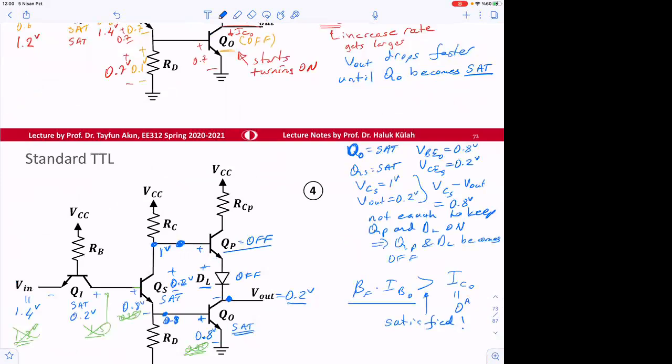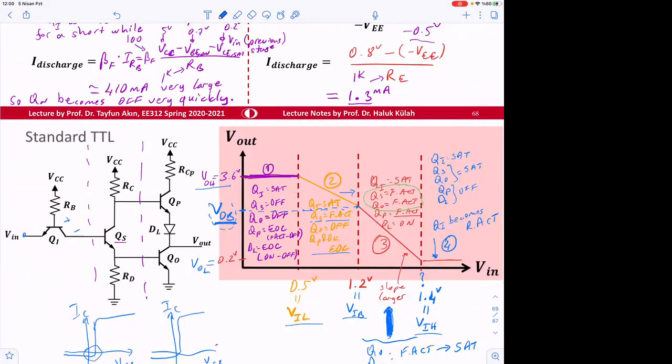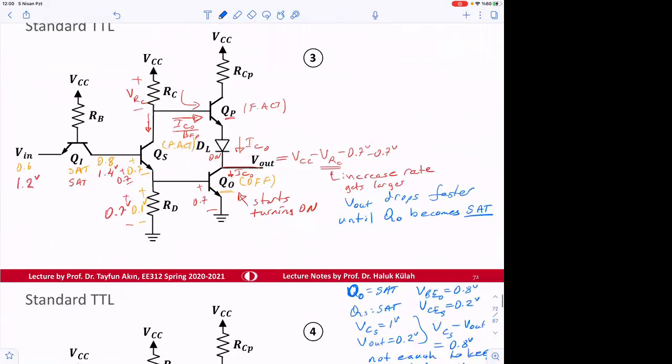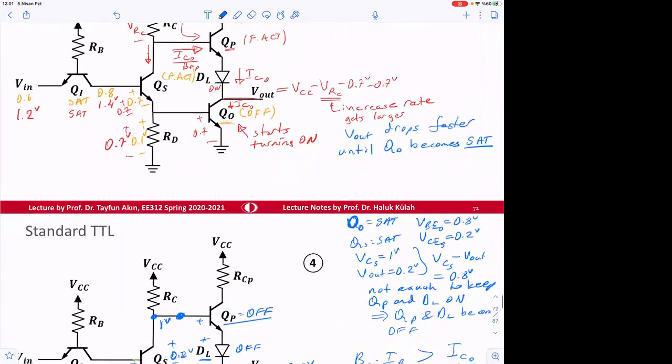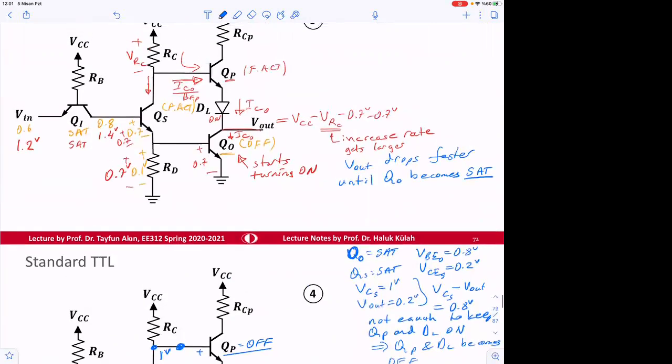So the only point in that graph was this VOB. How can we find that VOB? I guess maybe I can determine it here.